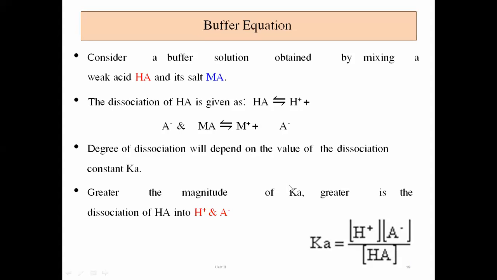If the acid dissociation constant is more, then the dissociation of the acid, HA, is more. At that time we can write Ka = concentration of H+ multiplied by concentration of A- divided by concentration of HA. So this is the acid dissociation constant of that acid.